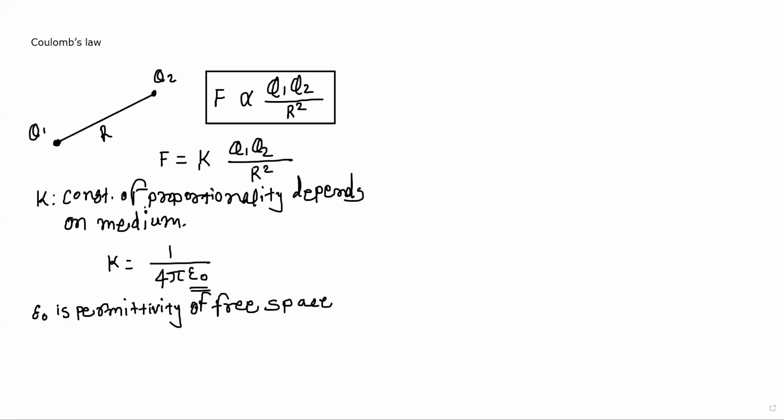And what is the value of epsilon naught? The value of epsilon naught is equal to 8.854 into 10 raised to minus 12. The unit of permittivity is farad per meter. This is constant for free space. For free space, permittivity is 8.854 into 10 raised to minus 12.